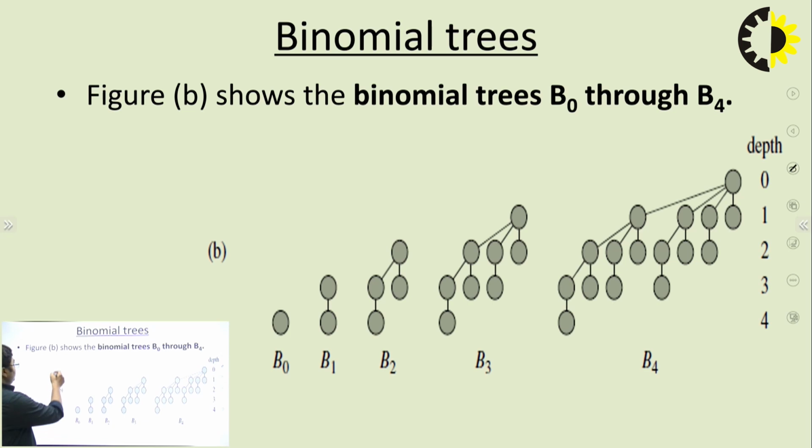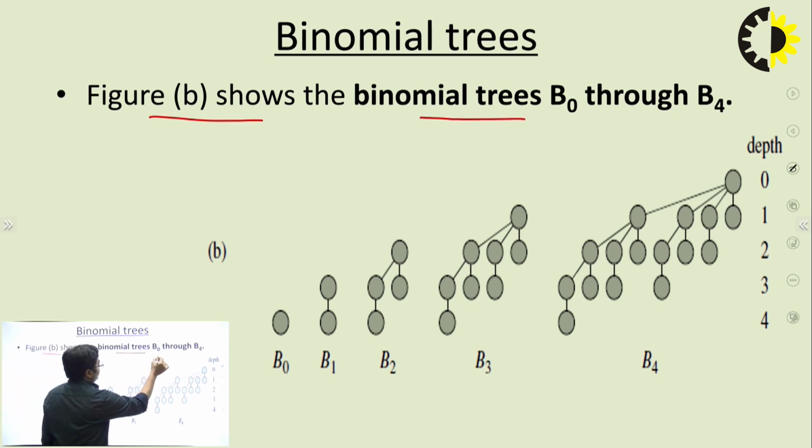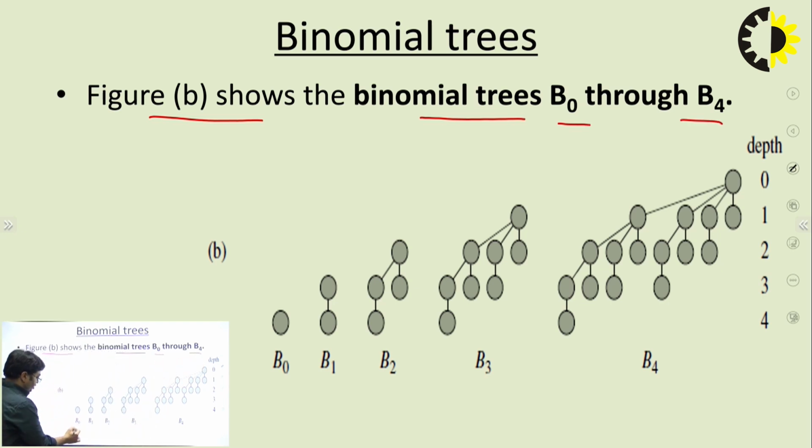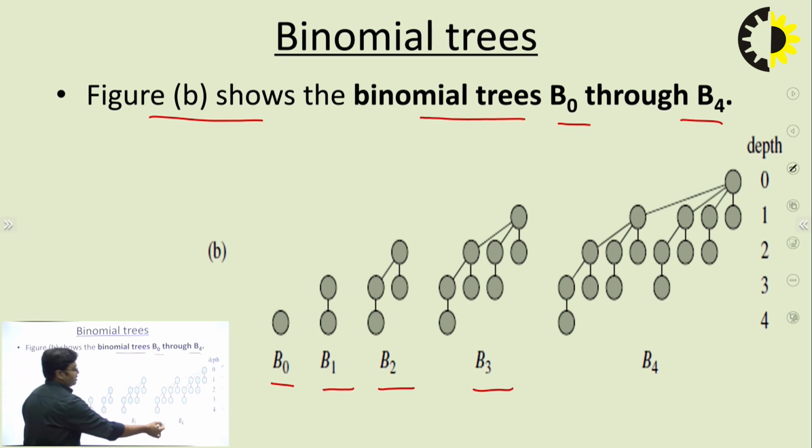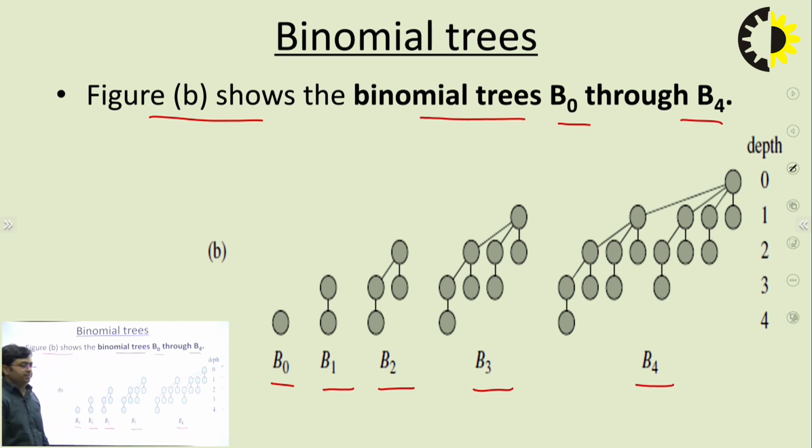Figure B, in the below figure, the various binomial trees are given B0 to B4. This is B0 which is having only one node, B1 which is having two nodes, B2 having 4 nodes, for example, B3 is having 8 nodes and B4 is having 16 nodes.